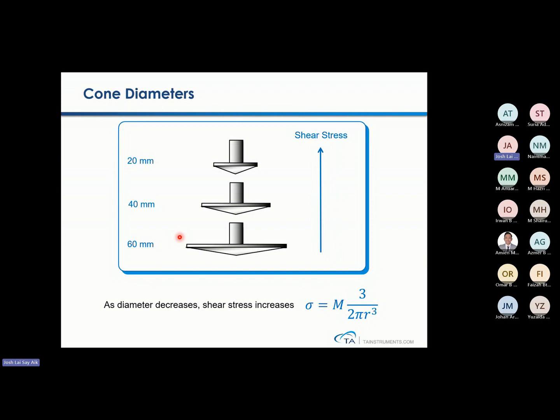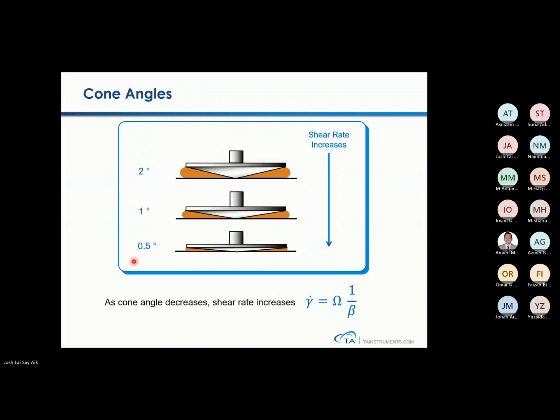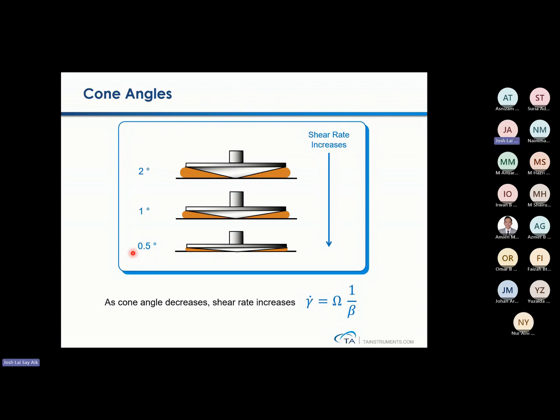Similar thought applies to these two geometries. Of course, the shear stress generated will be higher for 20 mm compared to 60 mm, while the shear rate will increase as well when the truncated gap gets smaller, which is governed by the truncated angle or cone angle.